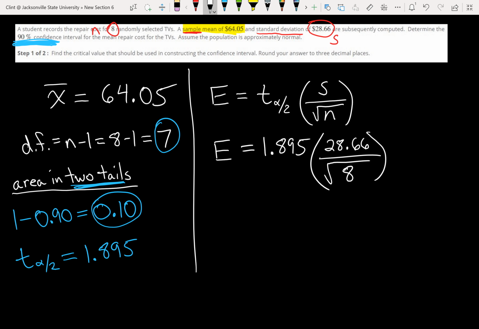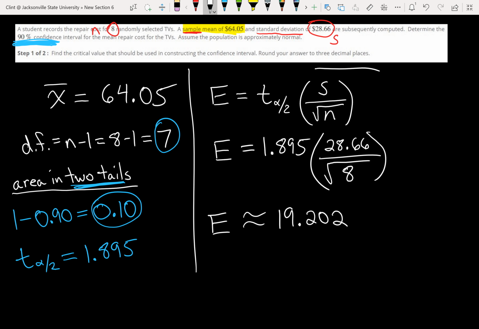And then it tells us to round to 3 decimal places, so we'll do that. So 1.895 times 28.66 divided by the square root of 8. Here I'm getting, rounded to 3 decimal places, 19.20, and it rounds up to 2. So that's my margin of error.